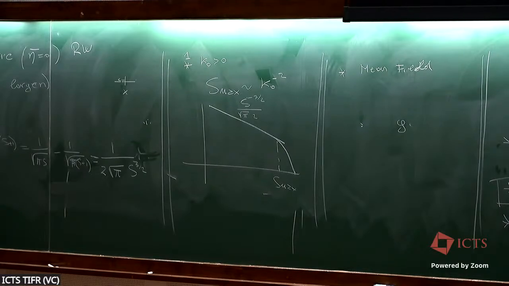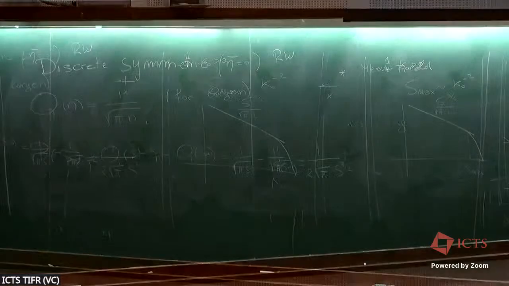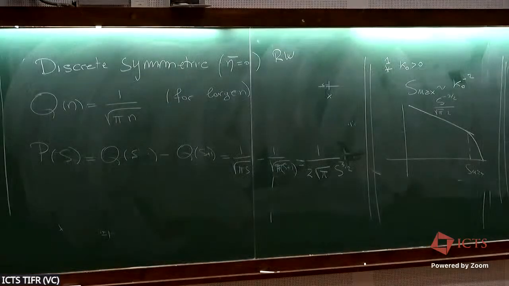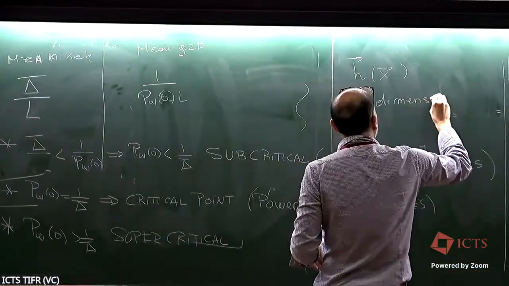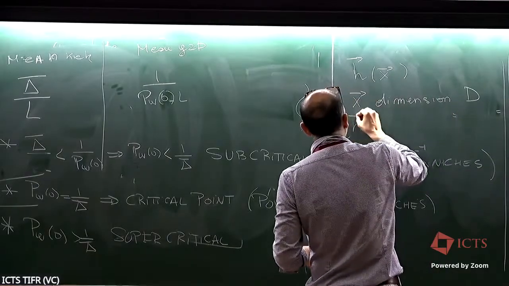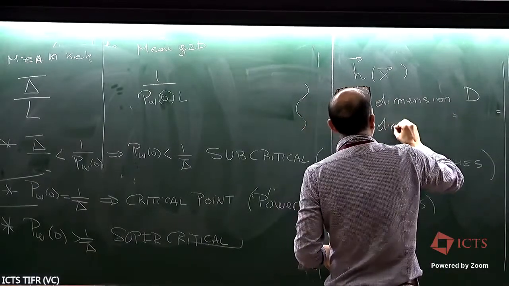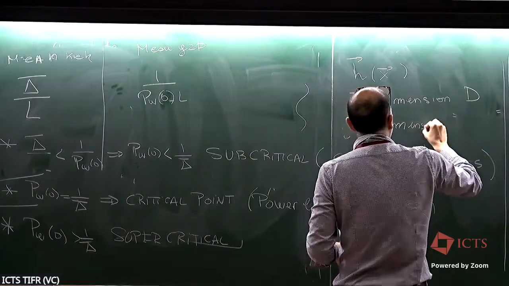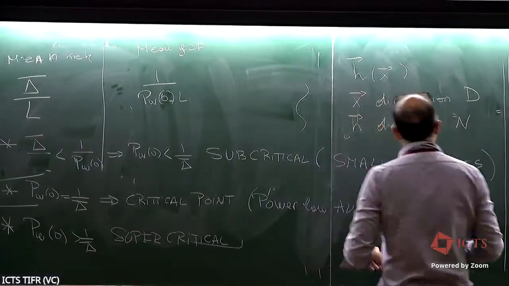So this is one mean field. In general, you have h of x, where x has dimension d, and h has dimension n, okay?